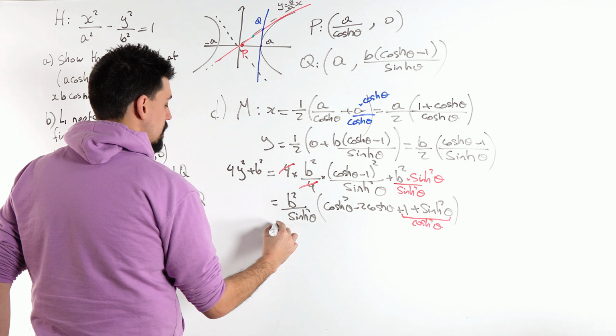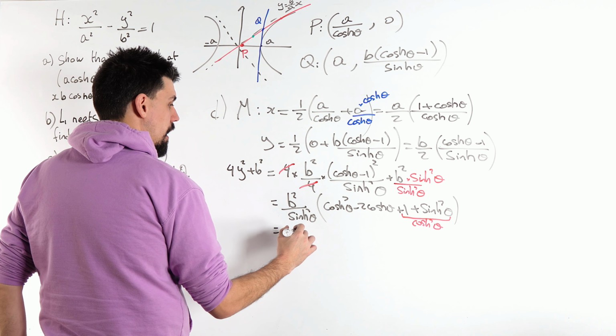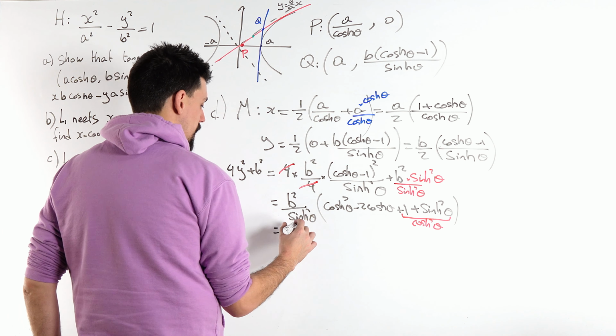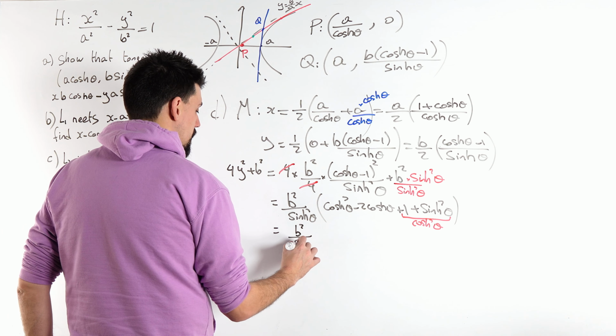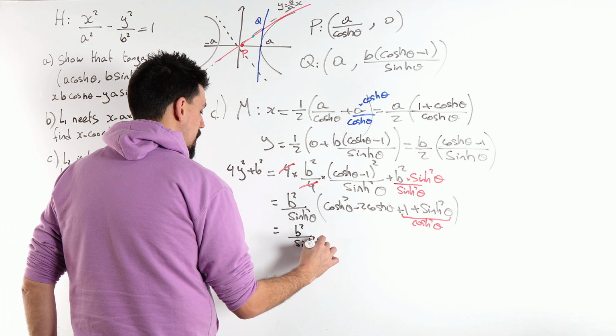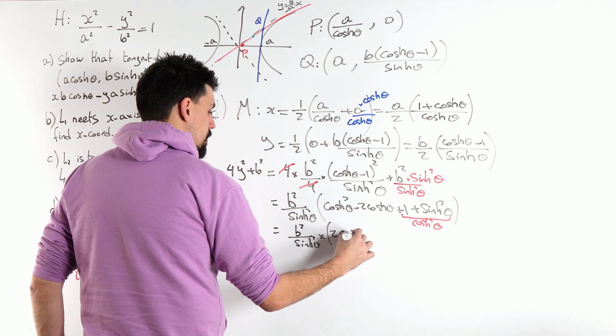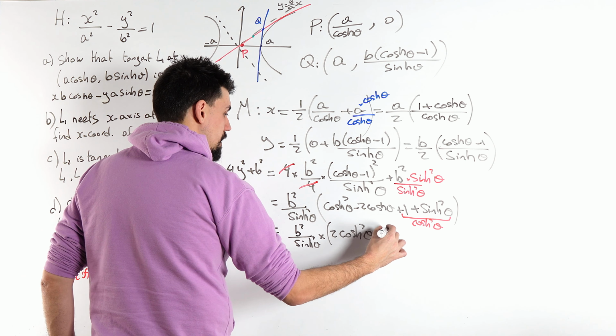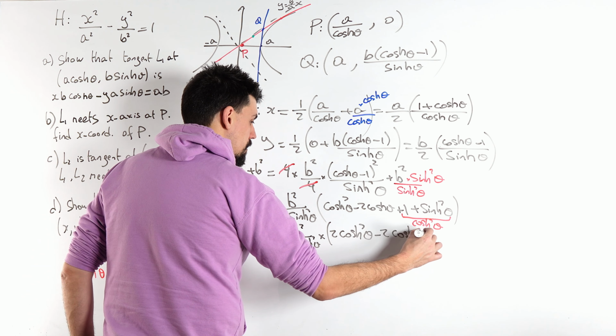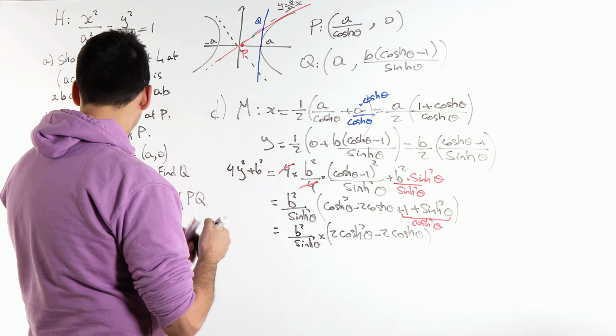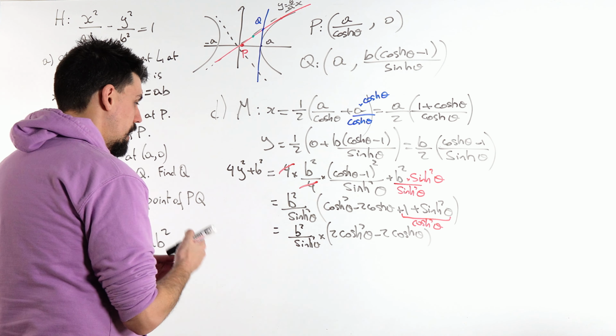So this comes out to be b squared over sine squared times 2 minus 2 cos theta. Awesome.